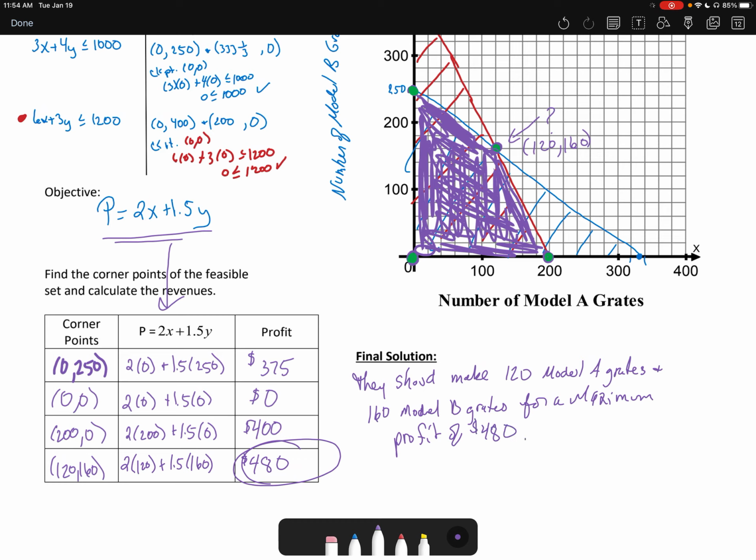Notice that the minimum was also found at one of these corner points. The minimum would clearly be $0 in this case. That would be the lowest profit. Sometimes you're interested in minimizing, but in the case of profit, we're definitely interested in maximizing there.